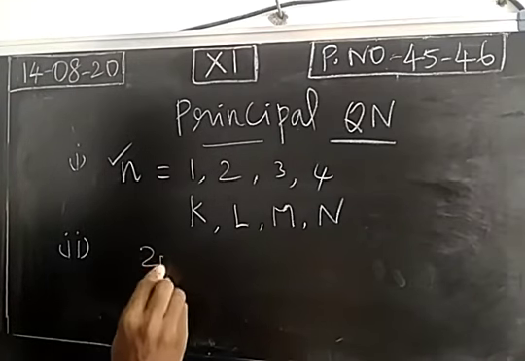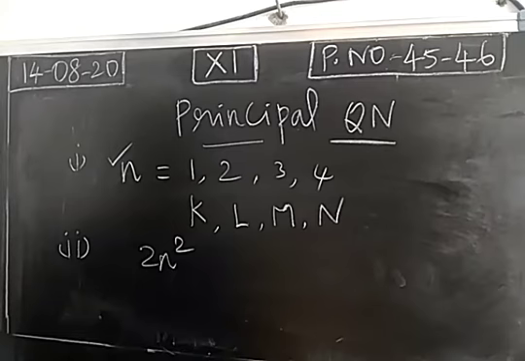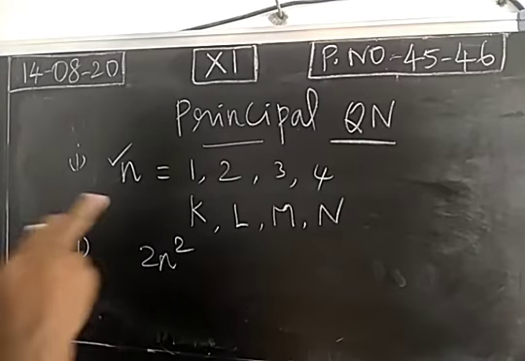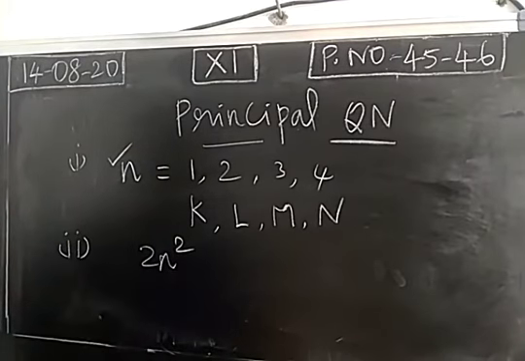Point number 2. We have a formula using the principal quantum number, 2n square. This is used to calculate the number of electrons in an orbit. So the maximum number of electrons that can be present in an orbit is calculated using the formula 2n square. Here n represents the principal quantum number, right? So you may substitute the values.